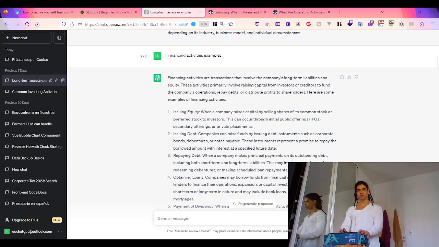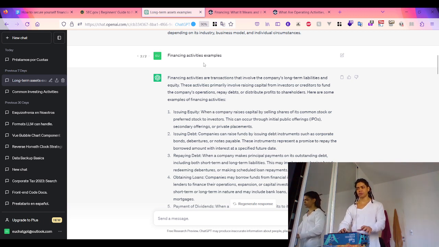A financial activity is a trade, an exchange of the company's or the individual's long-term liabilities or long-term obligations and piece of ownership.